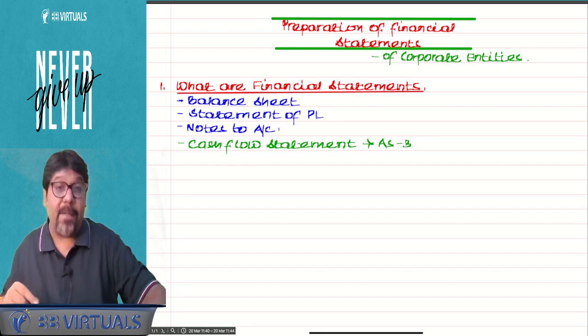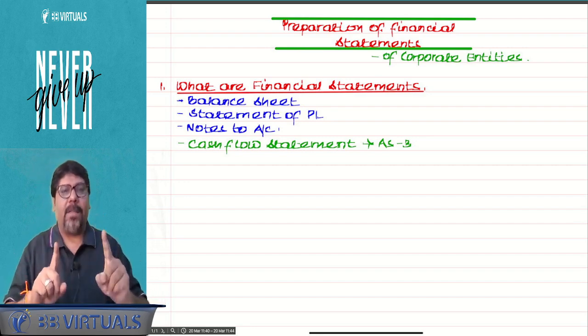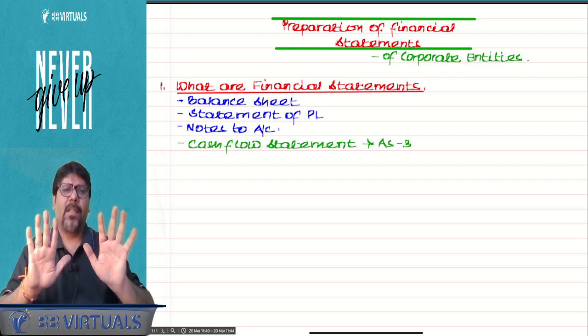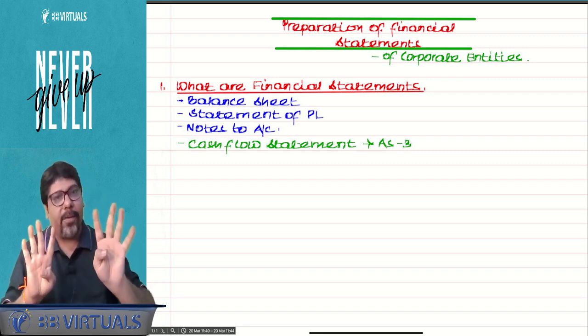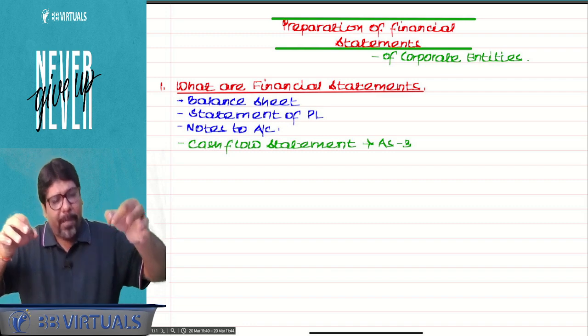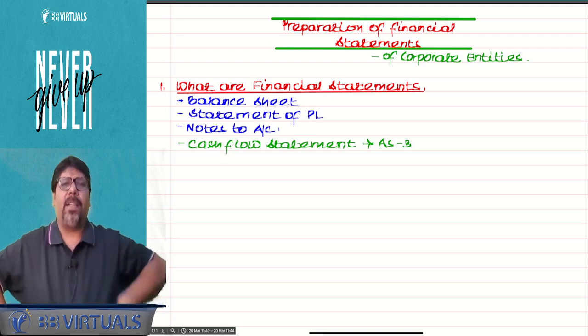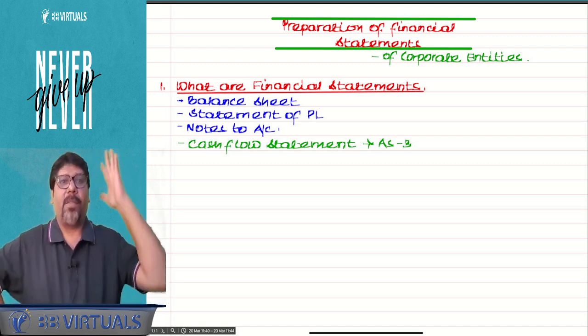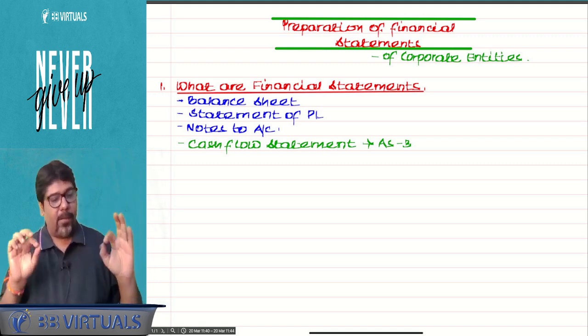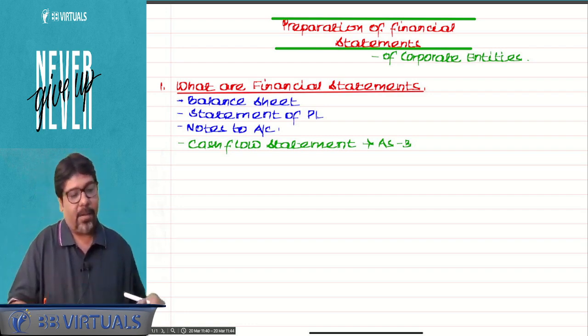Sir, one more item we have heard. Statement of changes in equity. Hey, relax. Your syllabus now only this four, and this also gone. So in preparation of financial statement chapter we are interested in only three things. How many things? Balance sheet, statement of PL, notes to accounts. Am I clear? Yes. So what are financial statement that you understood?